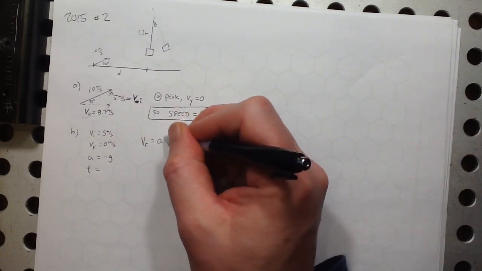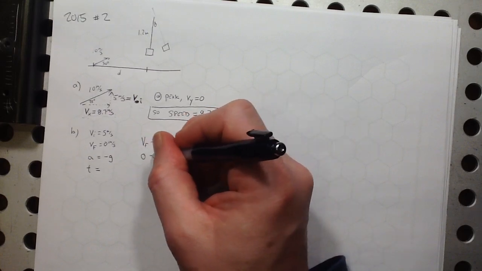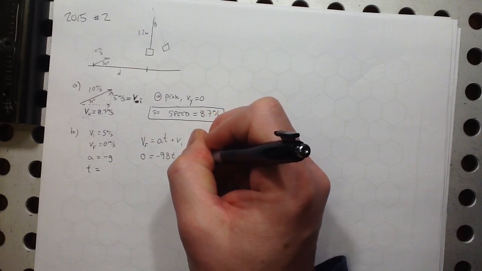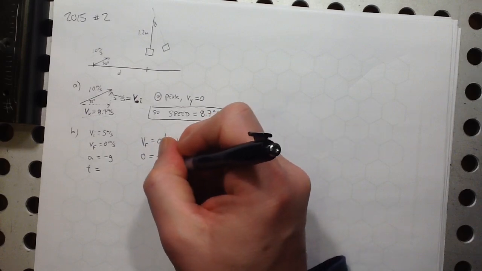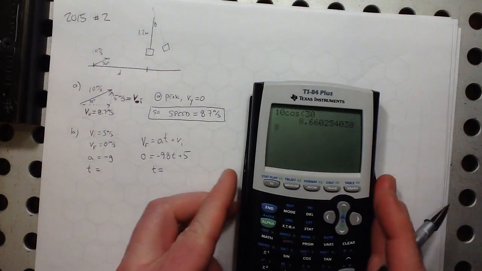So that's just Vf is equal to at plus Vi. So the time there is going to be 5 divided by 9.8. It's about half a second. And you're actually allowed to use 10 here, if you like to do that, you can.